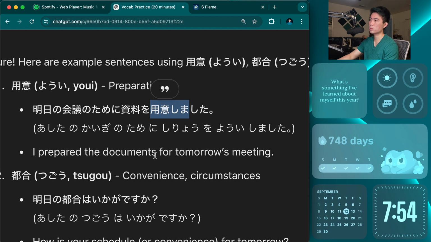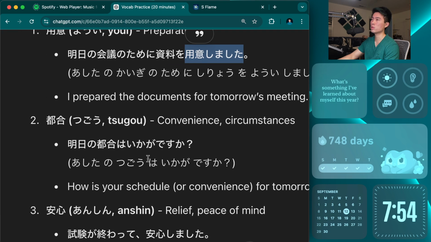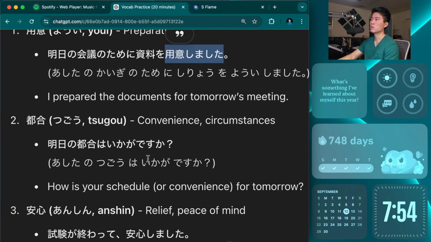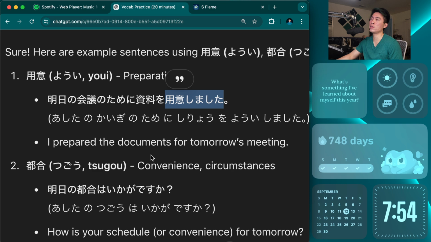I prepared the documents for tomorrow's meeting. 明日の会議のために、資料を用意しました. Okay, so they use it like a verb. 用意します. I mean, like 準備します. I always say that one.